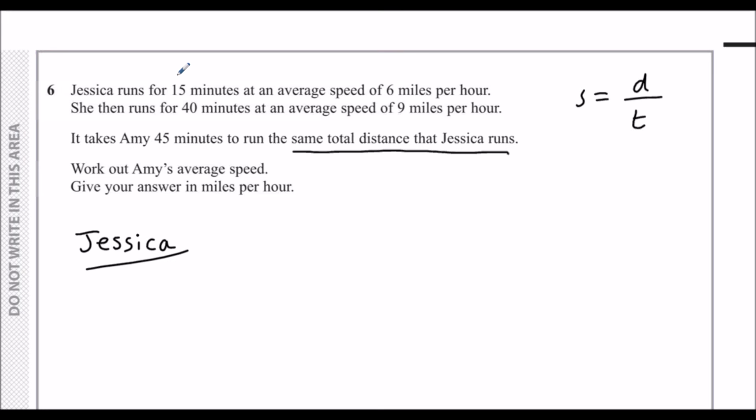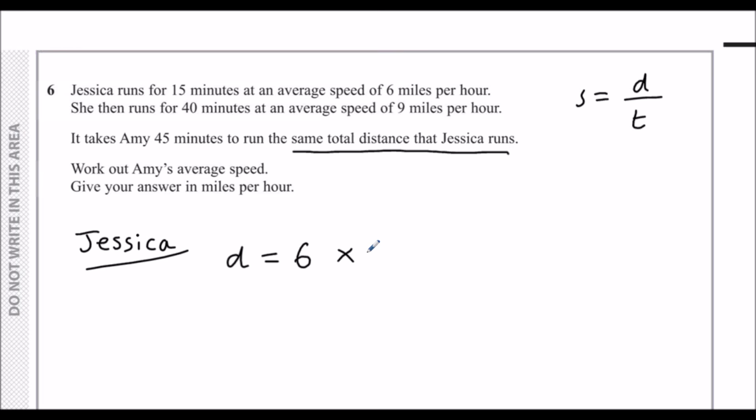So for Jessica, 15 minutes at 6 miles per hour. Distance is speed times time. So distance is her speed, which is 6 miles per hour, times the time. I don't want to use minutes. I don't want 15 minutes because I've got miles per hour. So really, I want 15 minutes in hours.